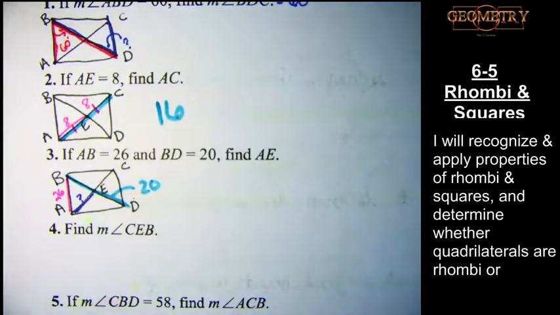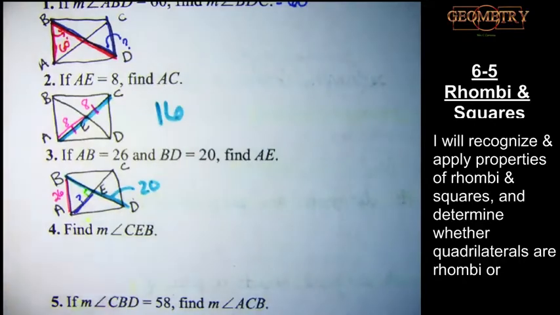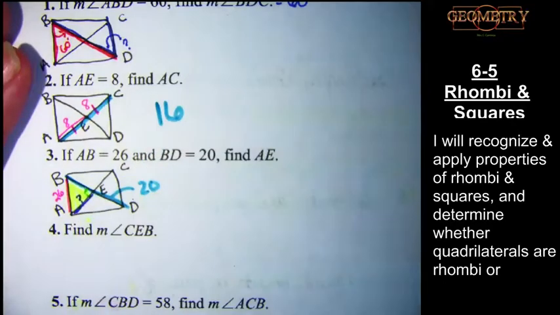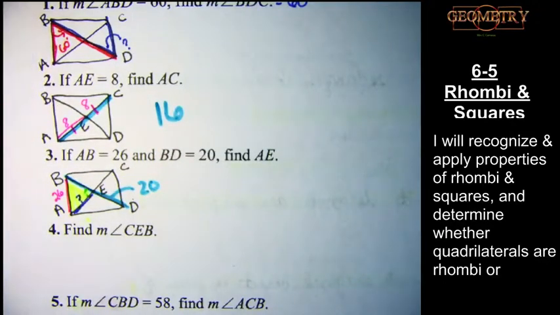Looking at my properties of rhombi that you just copied down, I see that the diagonals are perpendicular. Okay? So that means that right here, there lives a right angle, which means that this right here is a right triangle. Yes?